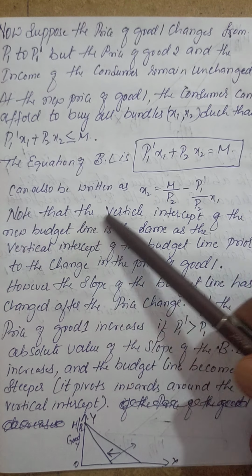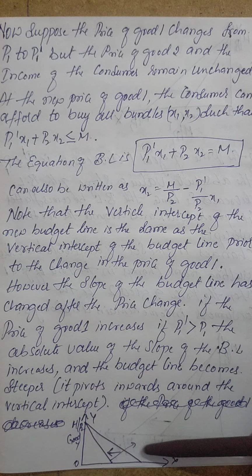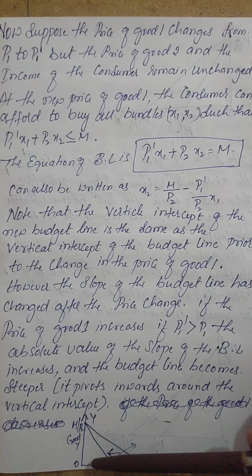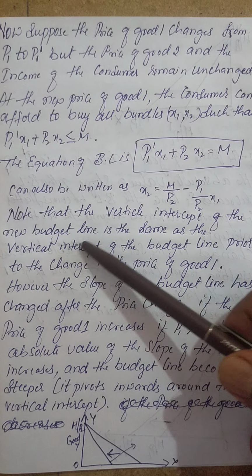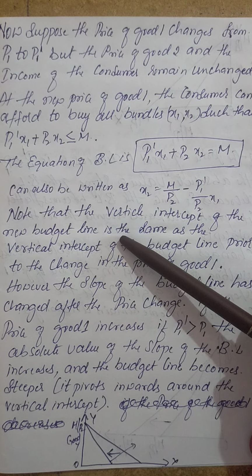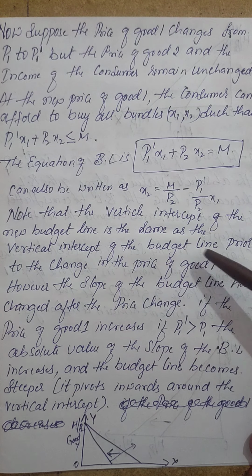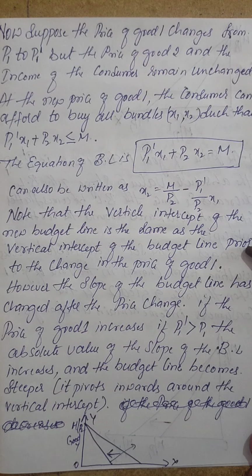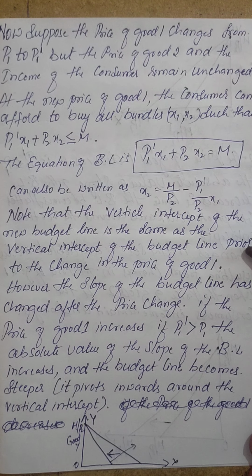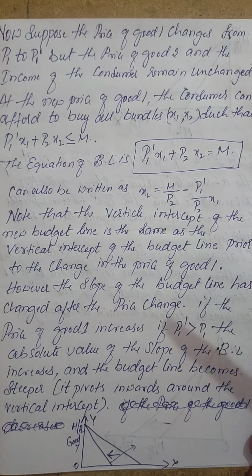Note that this is the vertical intercept and this is the horizontal intercept. We know that very clearly. The vertical intercept of the new budget line is the same as the vertical intercept of the budget line prior, meaning the previous budget line. The new budget line looks the same, but there is a change.